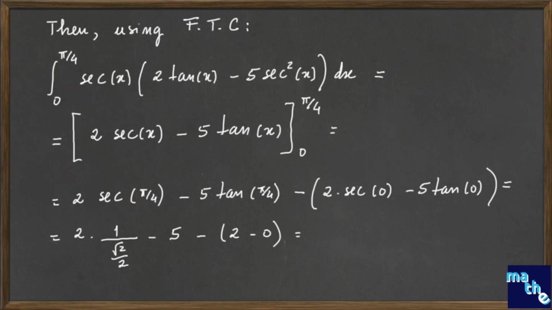And finally, inside the brackets, we have, in the first one, secant of 0 is 1 by cosine of 0, so is 1. 1 multiplying 2 is 2, and then tangent of 0 is 0. So inside the brackets we will have 2 minus 0. Then we will obtain this expression that can be simplified as 2 square root of 2 minus 7. That's all. Thank you for watching.